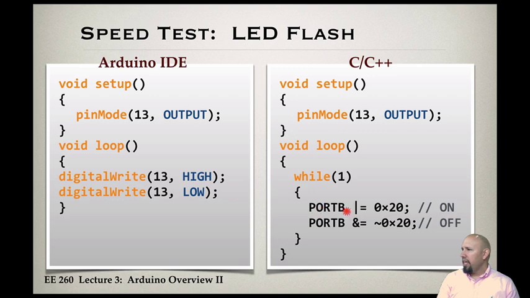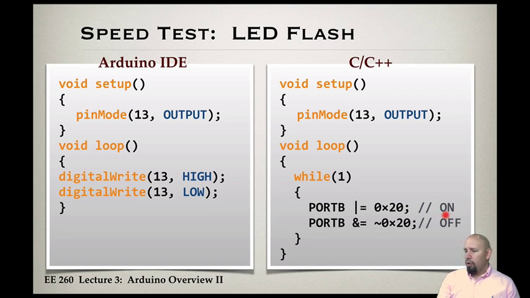So PORTB OR equals, so we're going to OR it with the hex number 0x20, which is basically 0010 0000. We're going to OR it with that, and what that does is it turns pin 13 on.